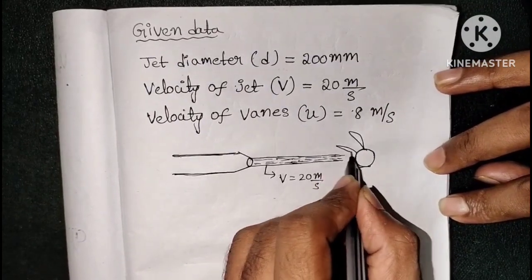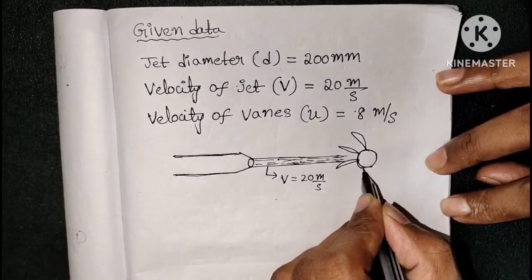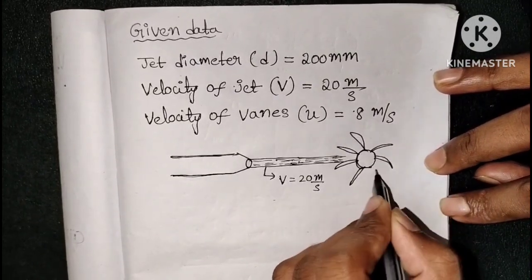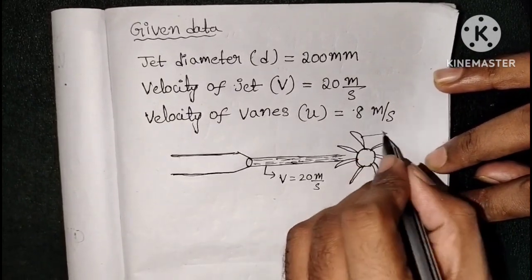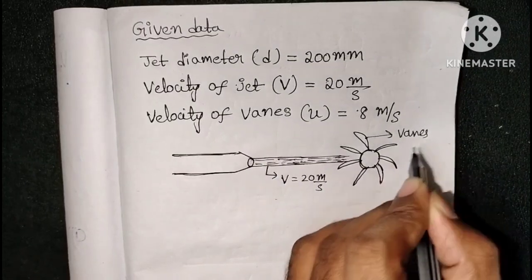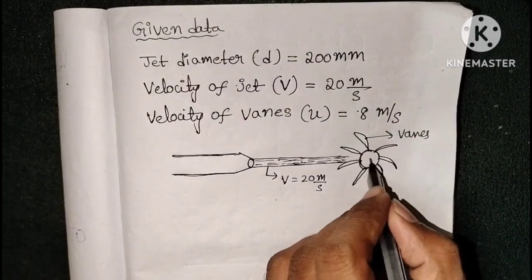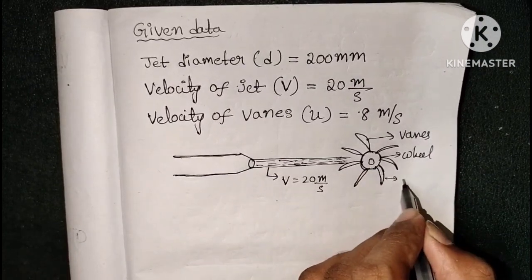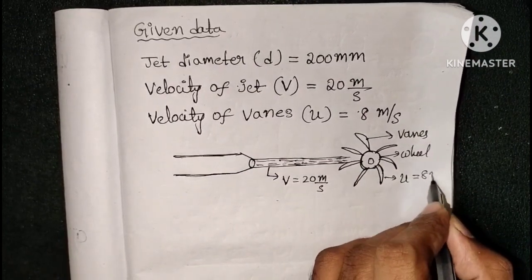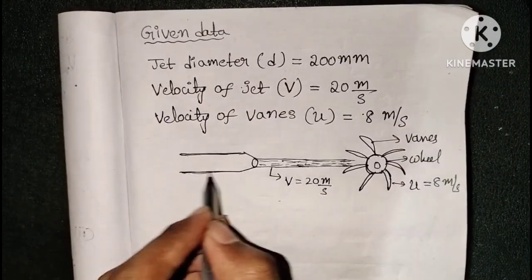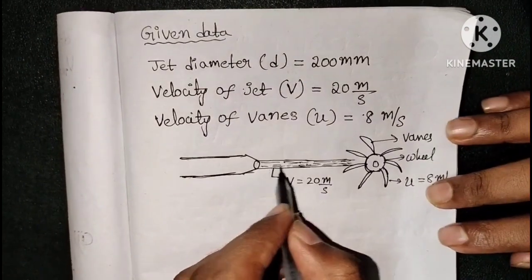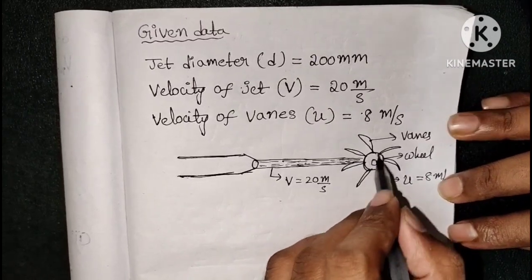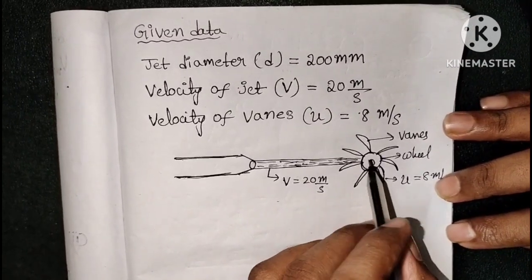I am just drawing a rough diagram. These are all vanes, and this is a wheel. Here the vanes are moving with a velocity of 8 meters per second. So this jet of water strikes a series of vanes mounted on a wheel.